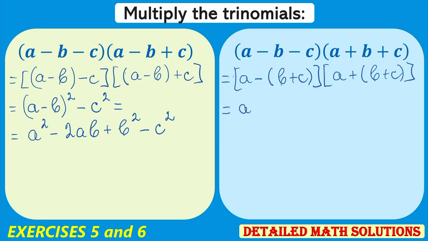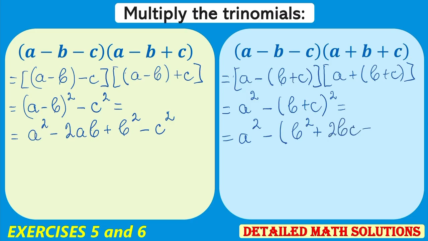This equals a² − (b + c)². This equals a² − (b² + 2bc + c²), which equals a² − b² − 2bc − c².